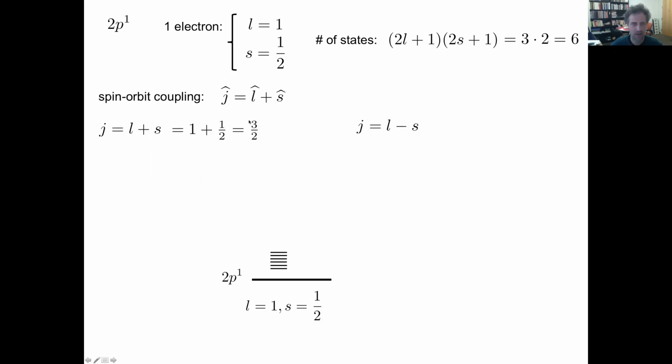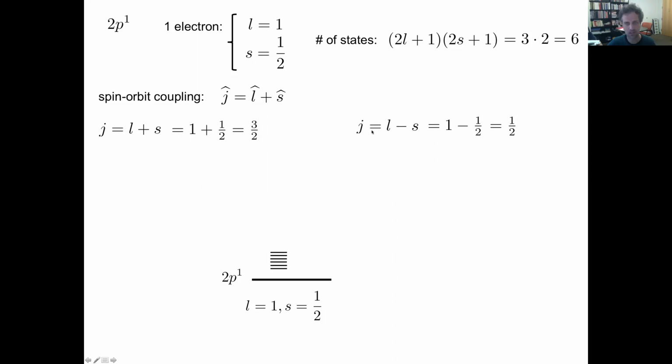Since S is 1/2, the possible values are only 1 plus 1/2, which is 3/2, and 1 minus 1/2, which is 1/2. There are no other options. There are no integer steps between 3/2 and 1/2 other than the one step itself, because they're separated by one integer value of 1. So the only way in which I can combine the quantum numbers L and S is simply by their addition and their subtraction, producing two values for J. J can be 3/2 and J can be 1/2. J is the quantum number for the combined angular momentum.